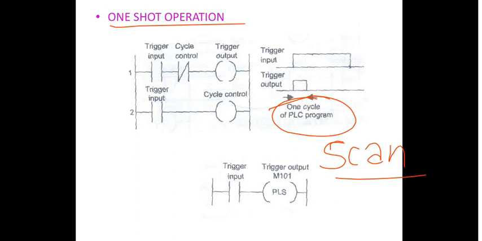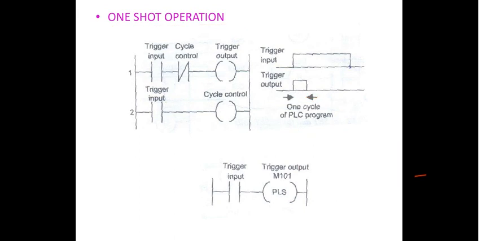In the first rung you have three elements. One is the trigger input, another is called cycle control. The cycle control is a normally closed switch here.